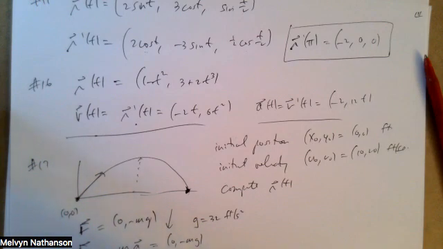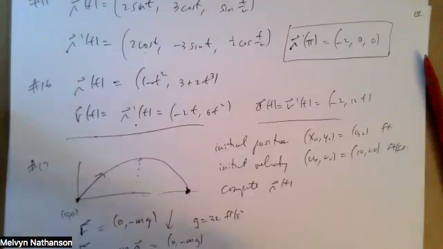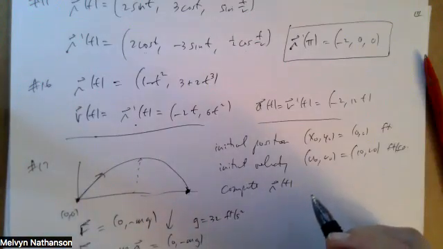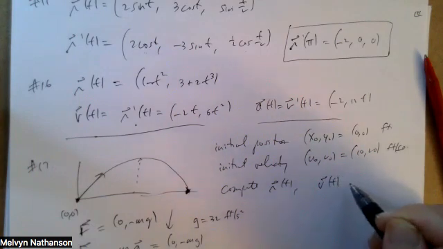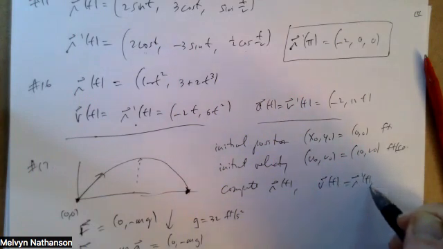And acceleration is the derivative of the velocity. So we have r of t. The velocity is r prime of t.